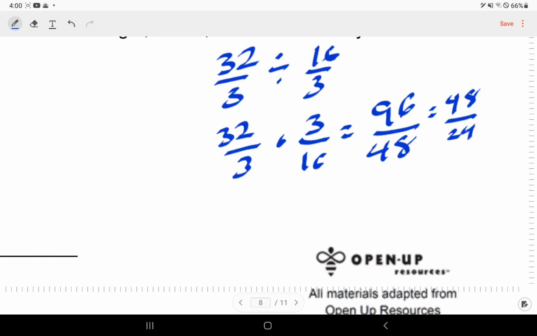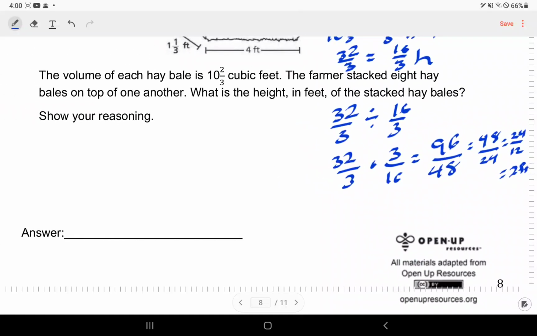Now, hopefully you can see that 48 divided by 24 is 2, but if you can't, 2 goes into both of these. 48 divided by 2 is 24. 24 divided by 2 is 12. And hopefully here you can see that it equals 2 feet. So if each bale is 2 feet, 2 times 8 is 16 feet.